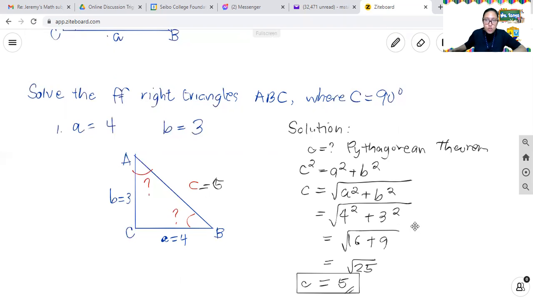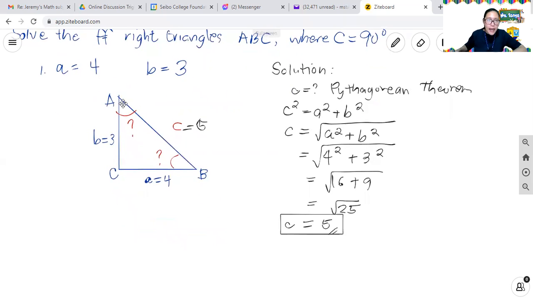Next, we need to solve for the angles because angle A and angle B are not given. So we can solve a given angle given the sides by using a trigonometric function.